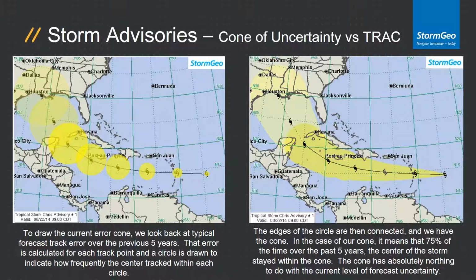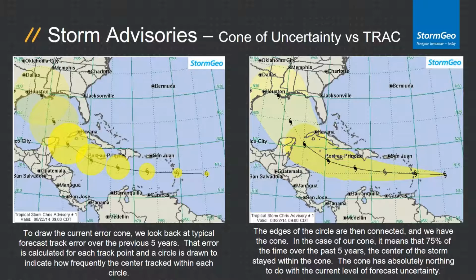And I think probably there is more confusion around the concept of the cone of uncertainty than almost anything I know that's in common use in the tropical realm. And so, for example, a lot of people don't realize that the way the cone is drawn on the right-hand side of the screen actually is a form of time travel that's going on.